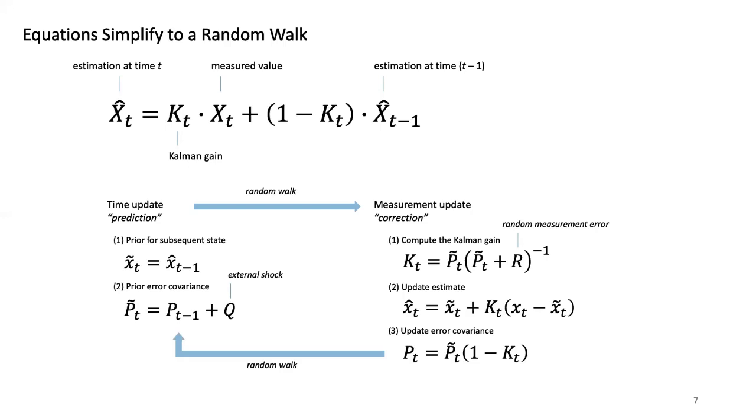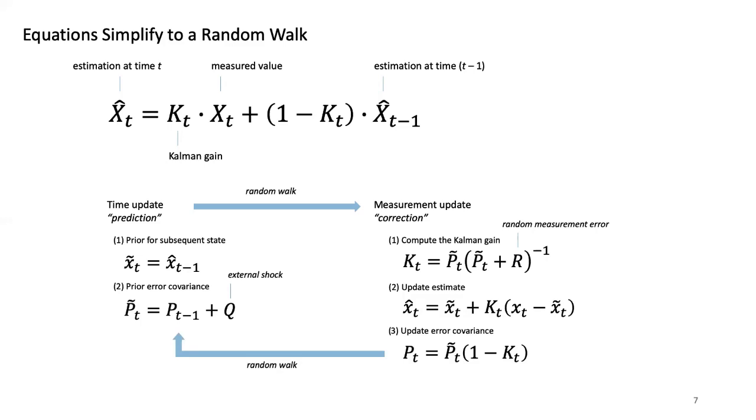Because we have a stable state, meaning whatever the statistic is intended to measure is not currently moving away from its current state, then what we're saying is there should be a very small external shock. So in this case, the value of q, we cannot set it to 0, but we should generally set it to a very small number instead.